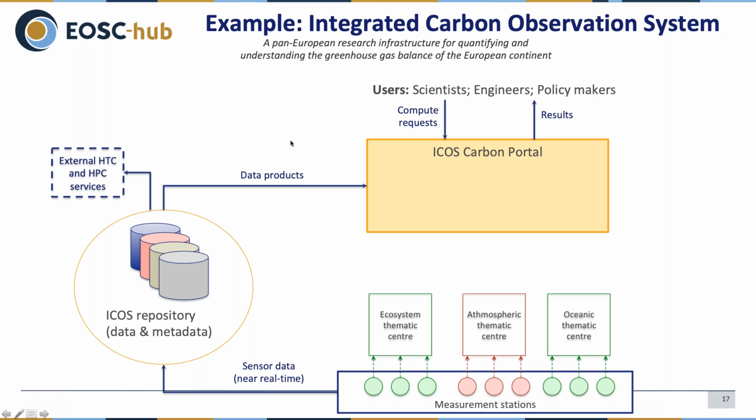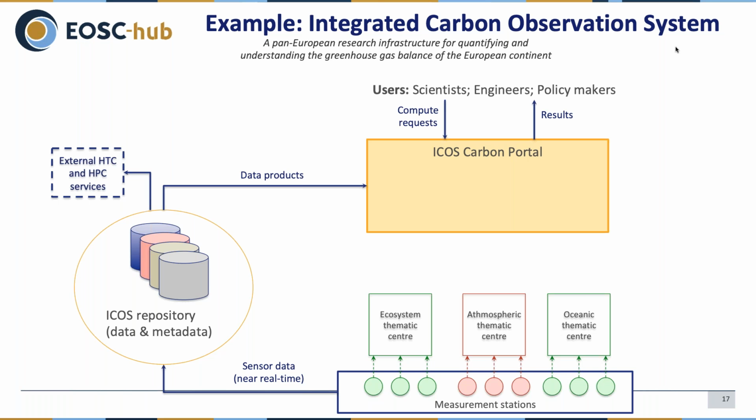The first example I have is from the Integrated Carbon Observation System, or ICOS research infrastructure, which is one of the research infrastructures on the S3 roadmap. The mission of ICOS is to quantify and understand the greenhouse gas balance of the European continent.